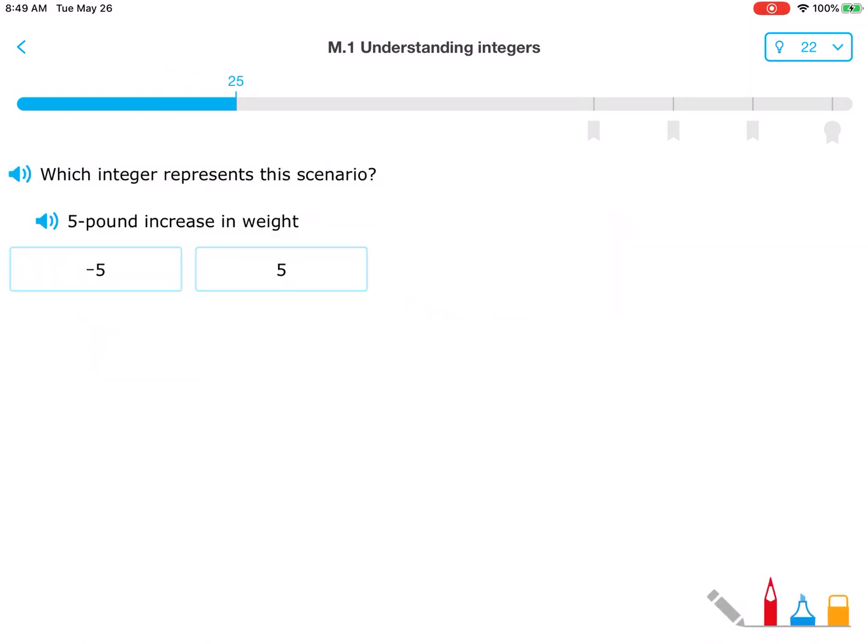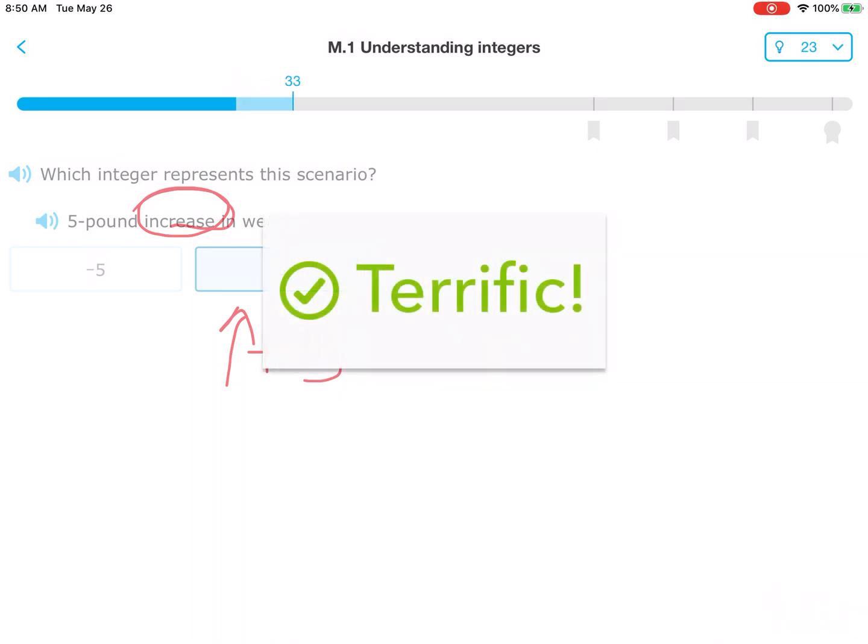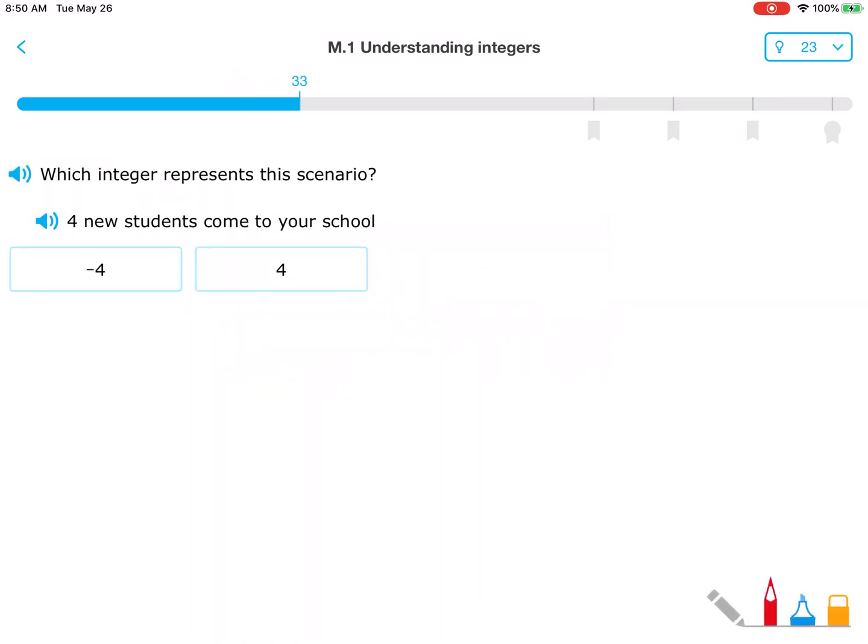All right, a 5-pound increase in weight. An increase means it's a positive, it's adding 5, +5. So that's going to be this +5 here. 4 new students come to your school, that means we're adding 4. That's +4, which is this number here.